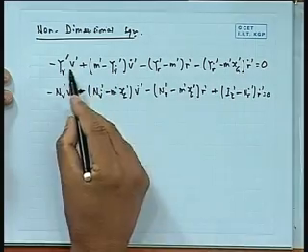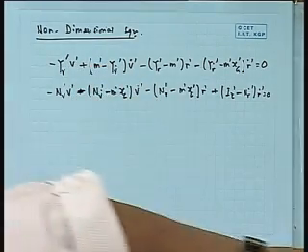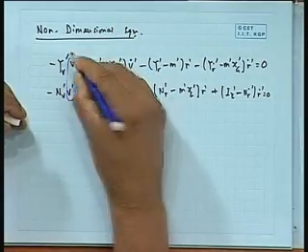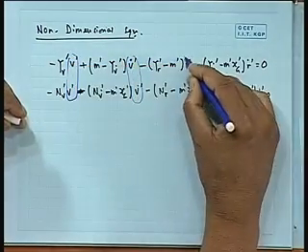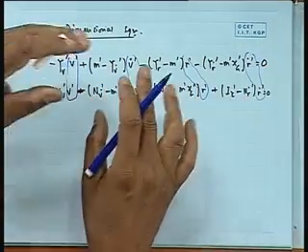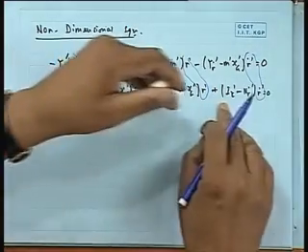Isn't it? See, these two are coming here, these two are coming here, these two are coming here, and these two are coming here. So it is something into v plus something v dot plus something r plus something r dot, of course non-dimensional.